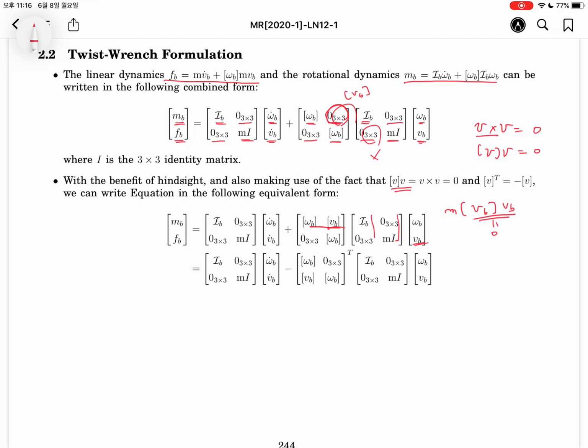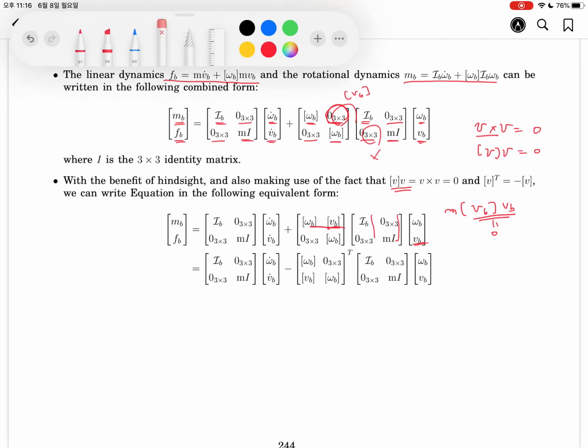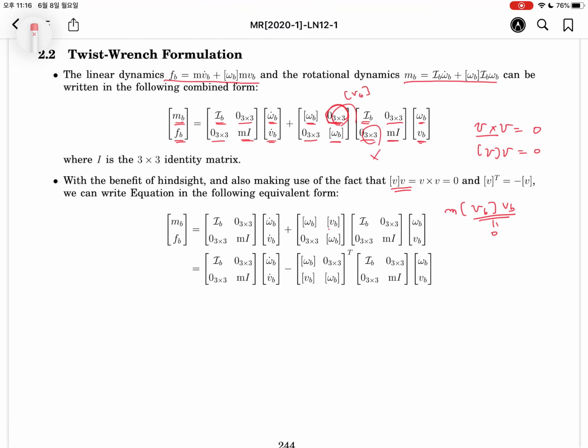So if we add the skew symmetric form of v_B into the block matrix, it does not have any effect on the total dynamics. Okay, it is the idea of the twist-wrench formulation.